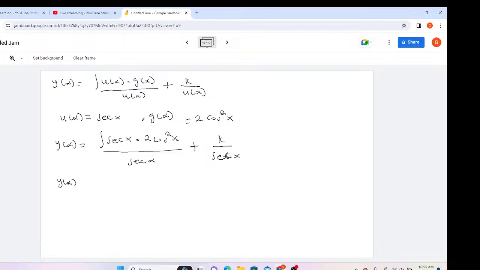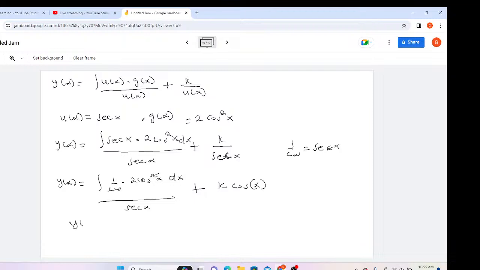So y of x is equal to integral 1 over cos multiplied by 2 cos squared x, and we are integrating with respect to x. Cos cancels one of these, all over sec x, plus k times 1 over sec x, which will give us cos, because 1 over cos is sec x. So 1 over sec x will still give us cos. So k cos x.